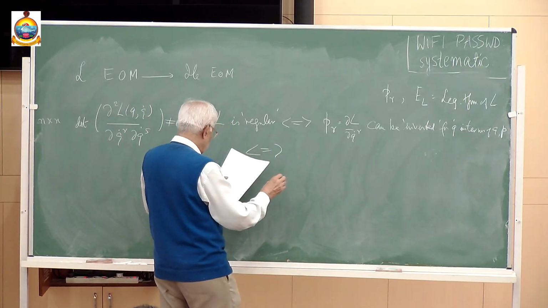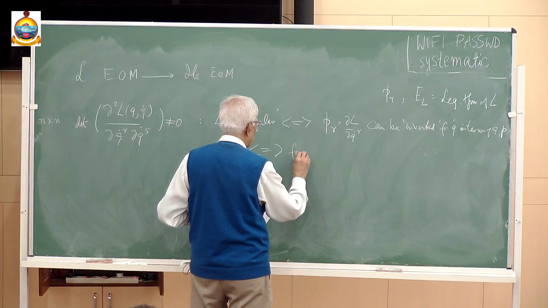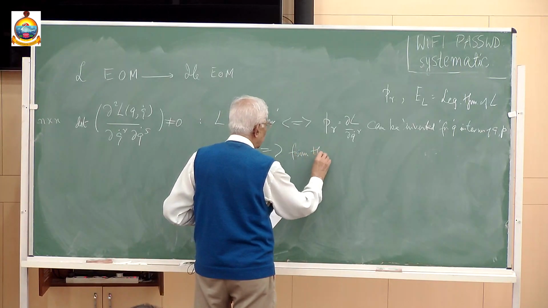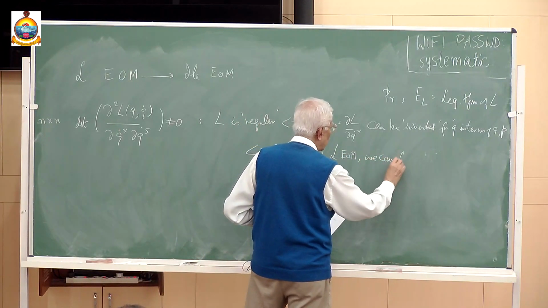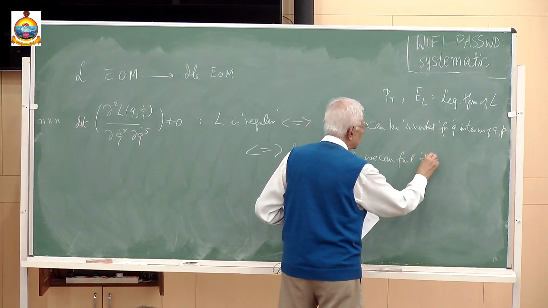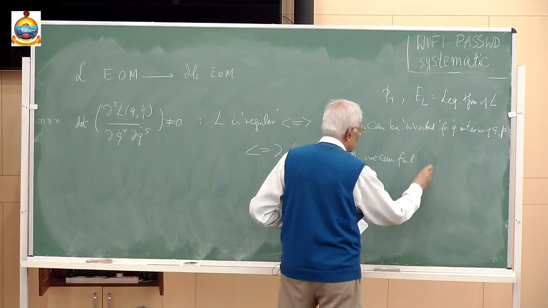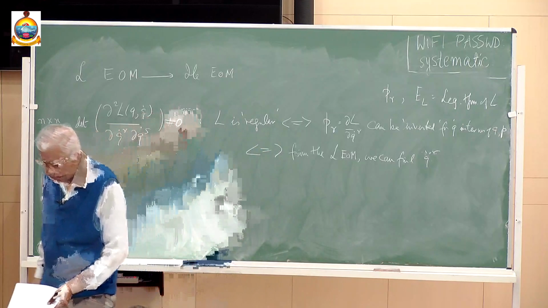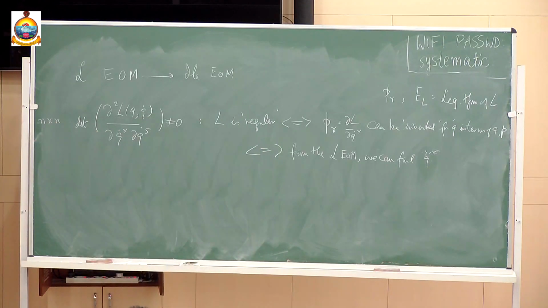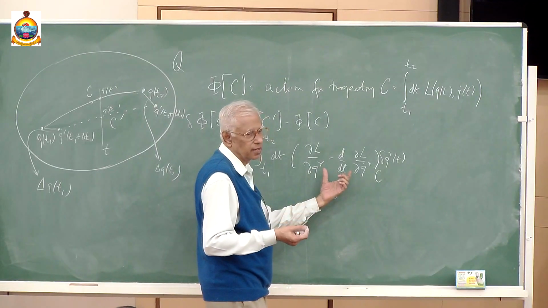And it also amounts to the following statement. From the Lagrangian equations of motion, we can find the accelerations q double dot. When you write the Lagrangian equations of motion, here it is. It just says this thing is 0 for each degree of freedom. It is not obviously clear from this expression that you will be able to extract q double dots.